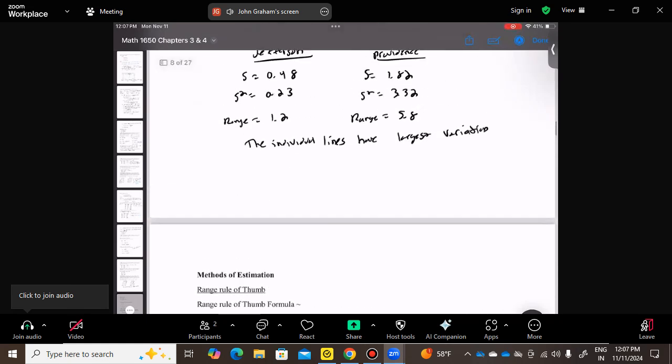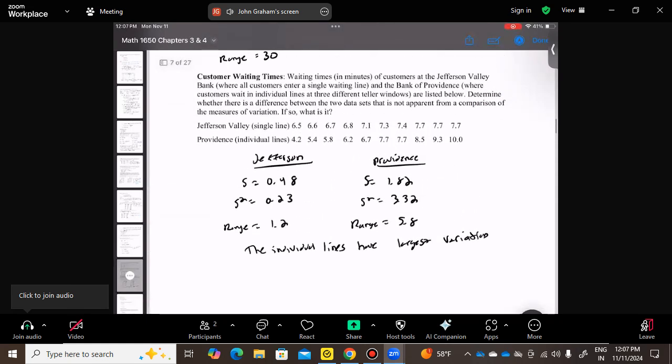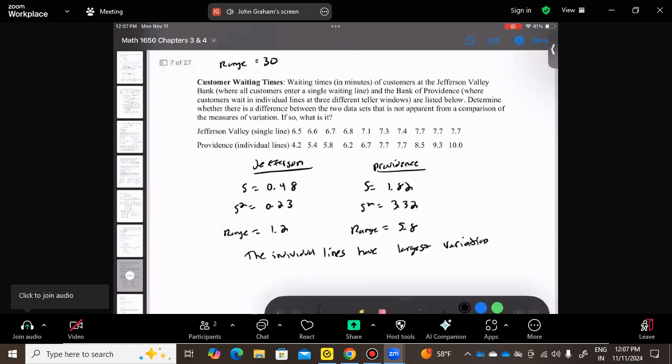So for example, we can go through a couple of these. So here, the range for the individual line was 5.8. We can divide that by 4, and 5.8 over 4, you get 1.45.